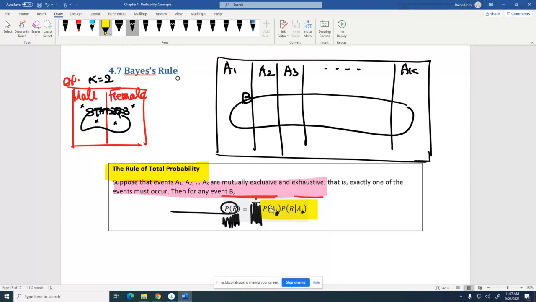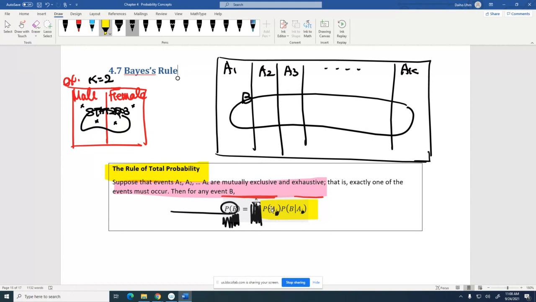Here's the multiplication between two probabilities. The first one is the probability of A. Yeah, I'm sorry, I erased the index of j. But please focus on the probability of A, times the probability of, actually the second one is a conditional probability. It's the conditional probability of B given A.